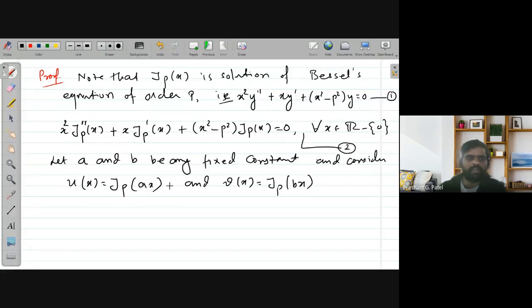I'm considering these two functions as u(x) and v(x). Then this u and v also satisfy the equation because it is of the same form. Instead of x, we have ax.